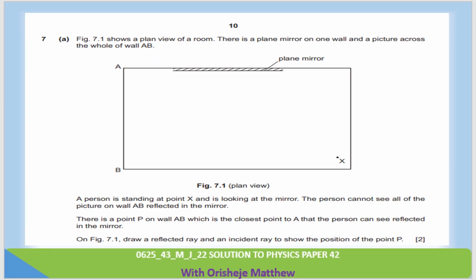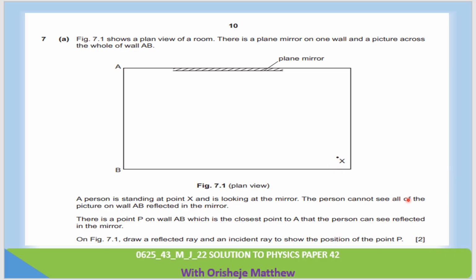Alright, question number 7. Show a plane view of a room. Then you have a mirror on the longer side of the room, and then you have somebody, the plane view. There is a mirror on one of the walls with a picture across AB, and a person is standing at position X here, looking at the mirror.